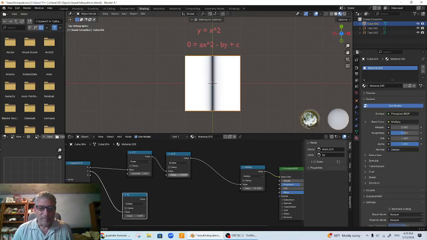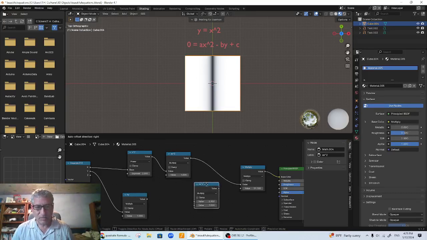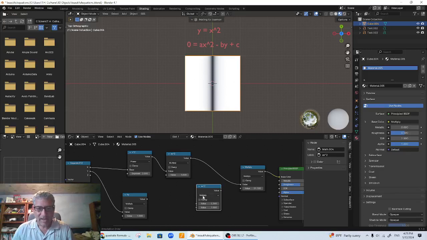Kind of crazy. So what we want to do is connect this y, which is subtracted from ax squared. So we're going to put in another node with Shift D, and say, hey, you're a subtract node, and we're going to call you ax squared minus by.